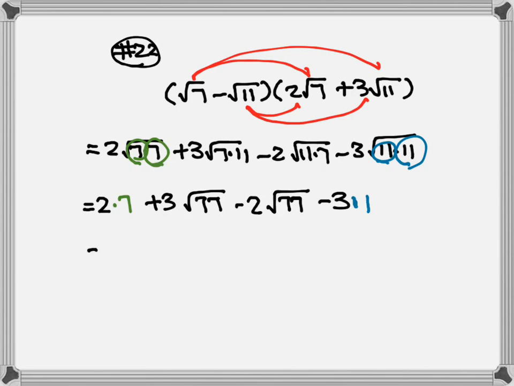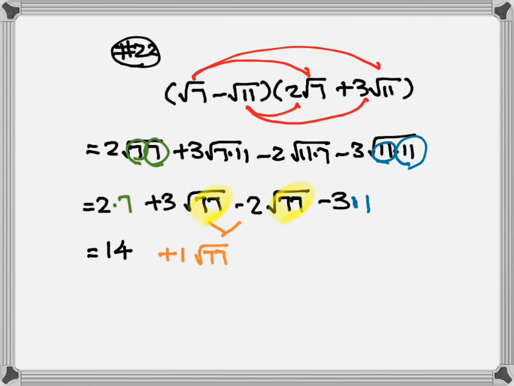After that, let's multiply these two numbers. So we have 14. We're going to combine the like terms. So let's combine these two. The numbers inside the square root are exactly the same, so you can add or subtract the numbers outside. So 3 minus 2 will be plus 1 square root 77. We don't need to write down the plus 1.